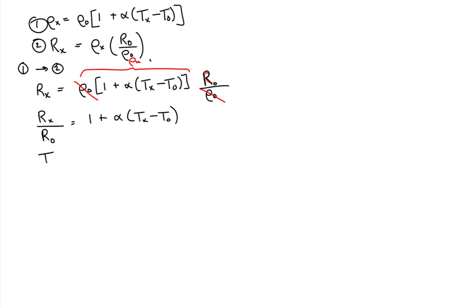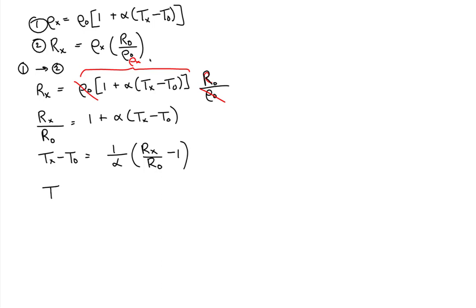Isolating the temperature difference, we end up with 1 over our temperature coefficient of resistivity times the ratio of the resistance in our furnace to our reference resistance, minus 1.